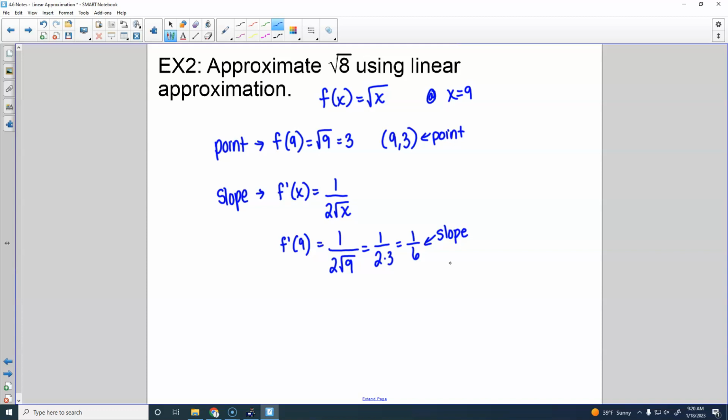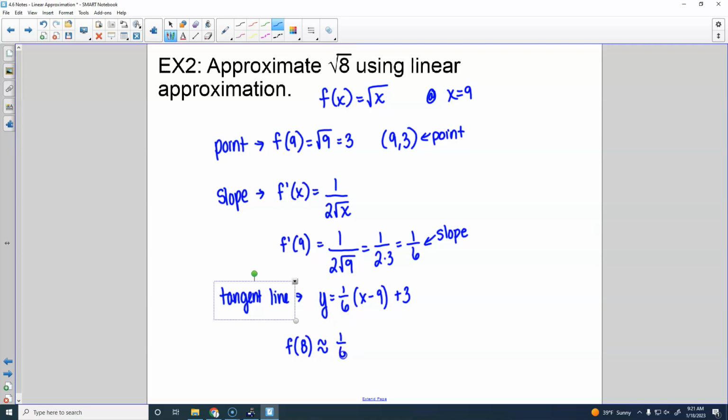We're okay here. All right, so for our tangent line, we would have y equals 1/6 x minus 9 plus 3. And so if we're looking for f of 8, it is going to be approximately, right, because if we're doing this without a calculator, we can't just type in square root of 8.